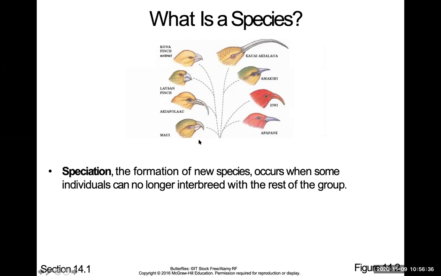Adaptation is a big change that can happen in a species, and if there's adaptation, they might not be able to reproduce with each other, maybe because there was a mutation or something. So that's the formation of new species, and that's one way it can arise.